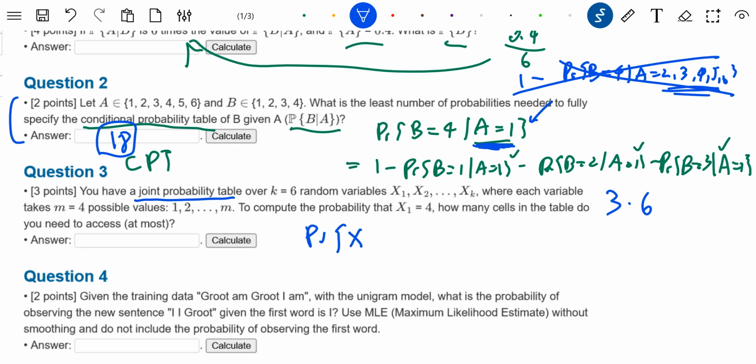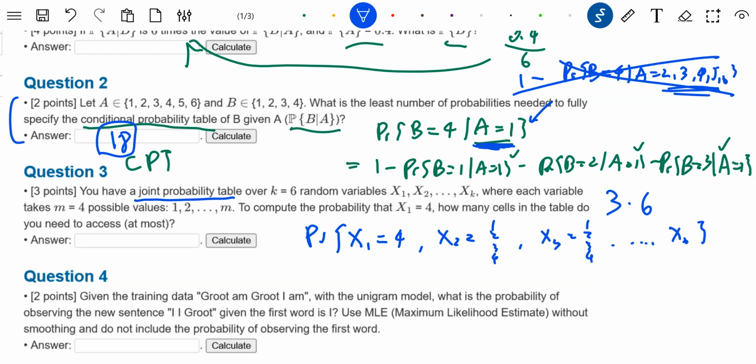This question is asking how to compute the probability of x1 being 4 based on the joint probability. So you have x1 is 4, and you have x2 is 1, 2, 3, 4. You have x3 is 1, 2, 3, 4, and so on. So you have 6 of these. All of them can be 1, 2, 3, 4. And you cannot compute one of these based on the other ones because you don't know the sum.